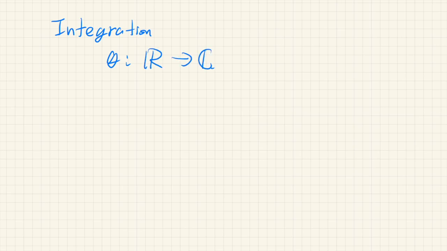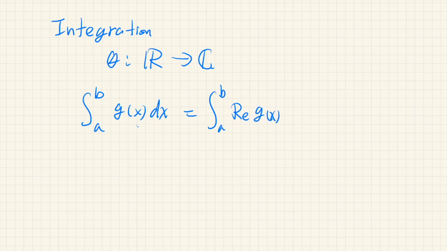All right, next let's consider integration of complex valued functions. Again, let's say g is a function from real to complex. Then the definite integral on the interval between a and b of this function, remember x is always real, is defined by this: the integral of the real part of g of x, so this is a real function, plus i times the definite integral of the imaginary part of the function.